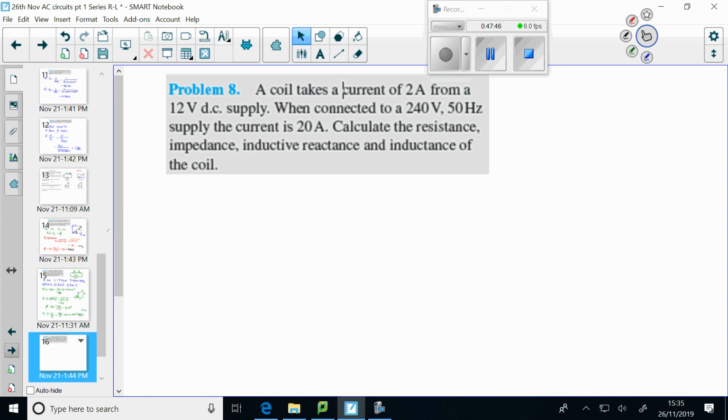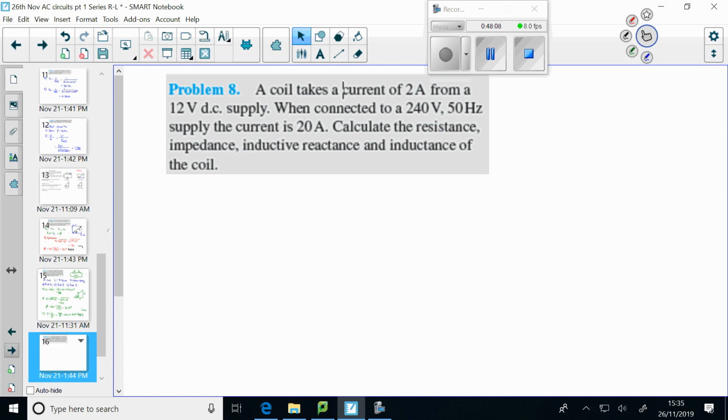You can calculate the impedance, and then you can use the triangle to find the reactance, and then the formula to calculate its inductance. So that's what that first question is around. And then the second one is another one similar with a few little bits added to what we've already done. So have a go at these 2 questions.